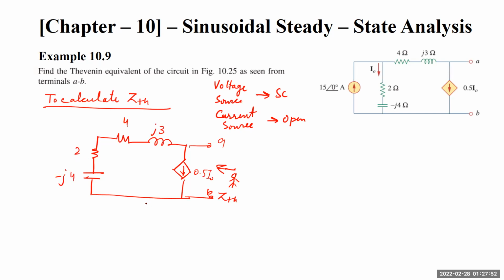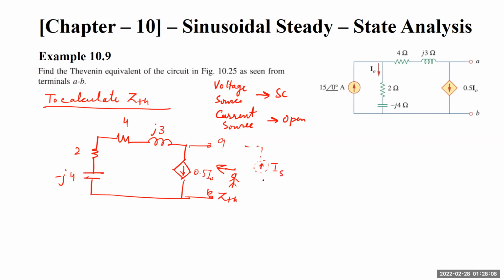In such circuits, we always introduce a dummy source. It can be a current source, or it can be a voltage source. Here we introduce a dummy current source, which we call IS, because we are having an independent current source.